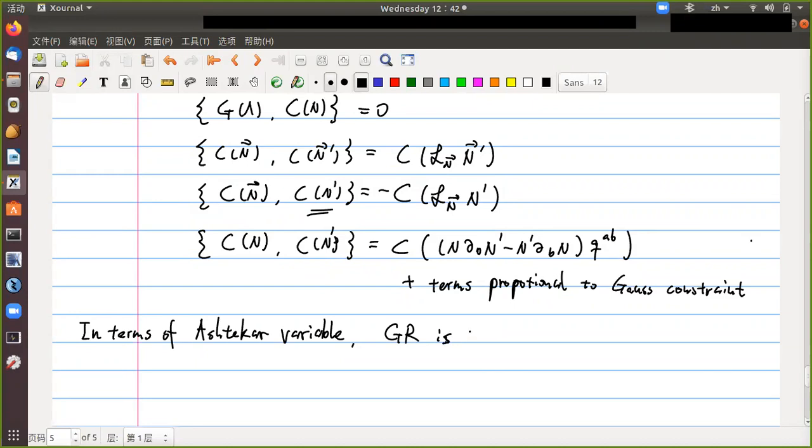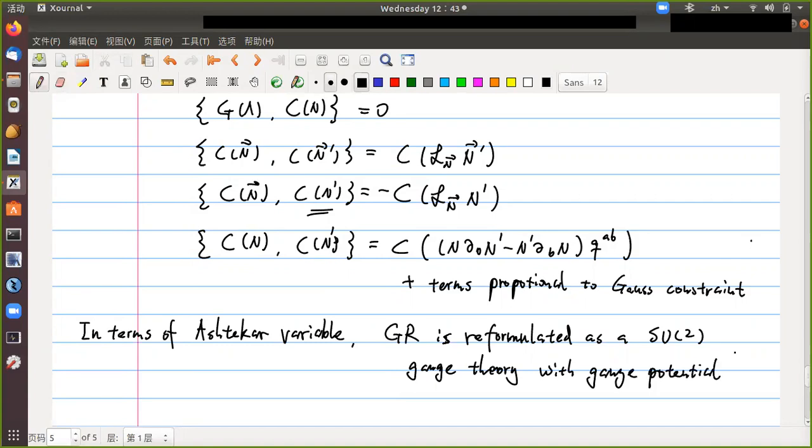GR is reformulated as an SU(2) gauge theory with gauge potential A. So the theory has a gauge potential, just like ordinary non-abelian gauge theory.